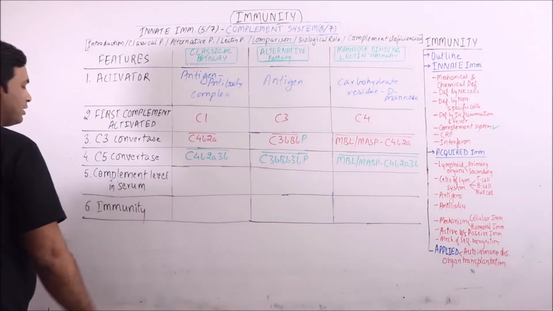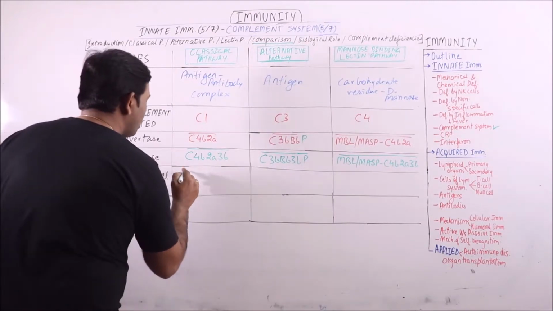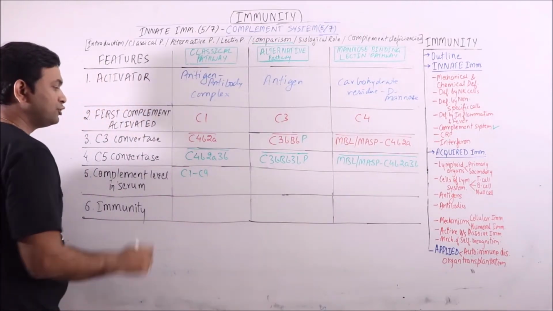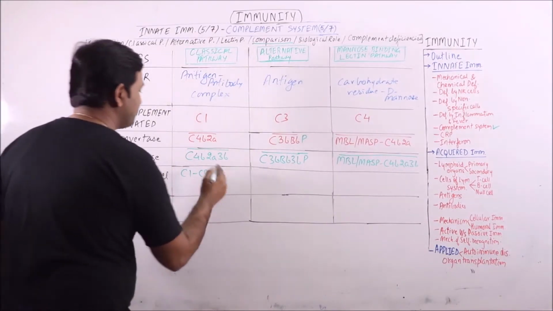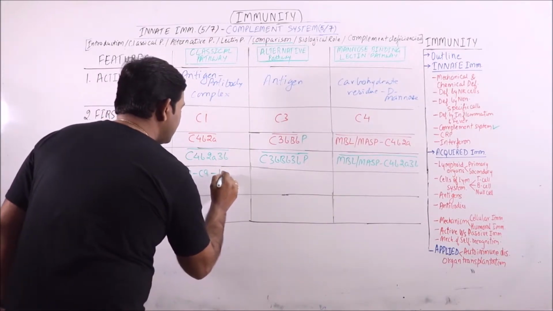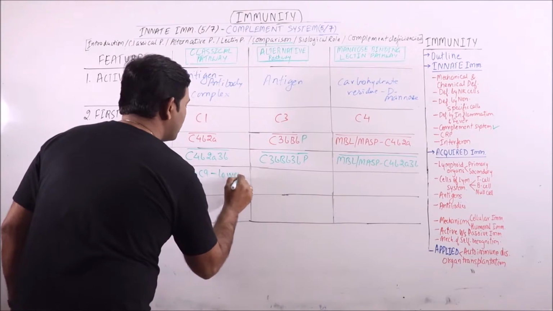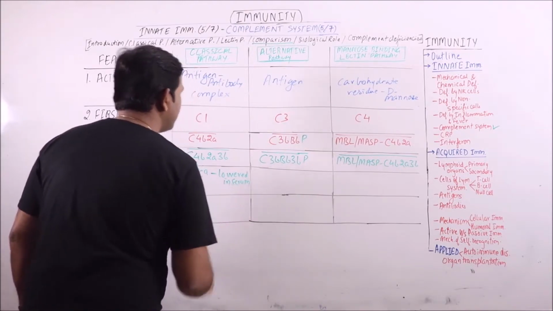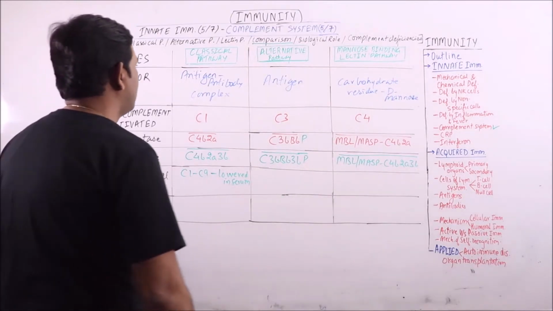Now, complement levels in serum. Because all complements from C1 to C9 are consumed in the classical pathway, their levels will be lowered in serum.